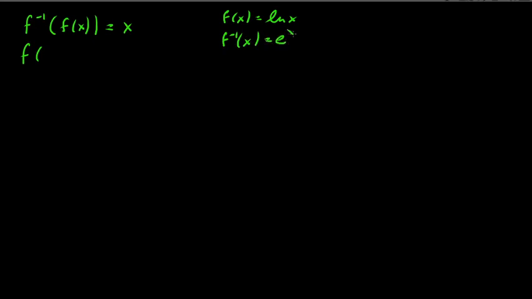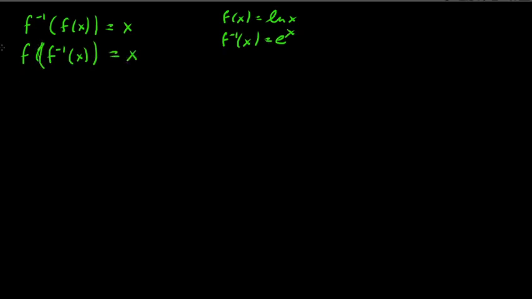We're going to express the following fact, that if you take f inverse of f of x, you just get back x. Or I think in this case, if f is the log function and f inverse is e to the x, then we want to apply this version, f of f inverse of x equals x.